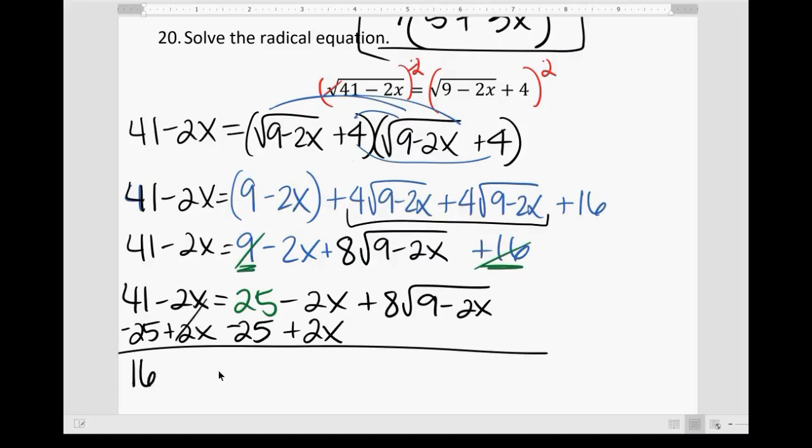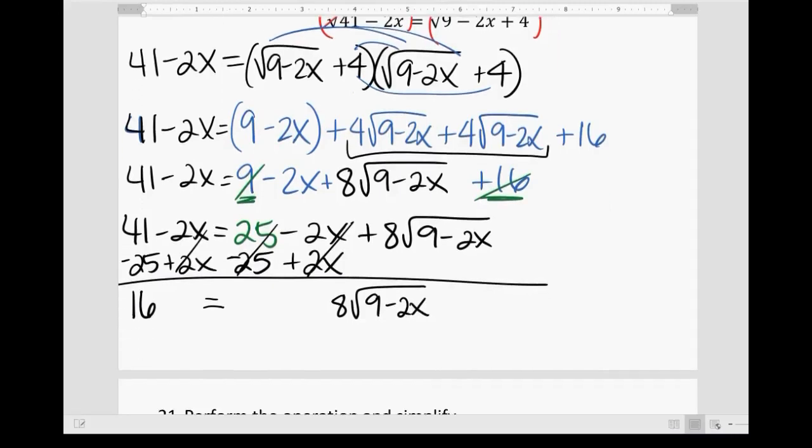Negative 2x plus 2x cancels out, 25 minus 25 cancels out, and I have a positive 8 square root of 9 minus 2x. So that's basically 16 equals 8 square root of 9 minus 2x.